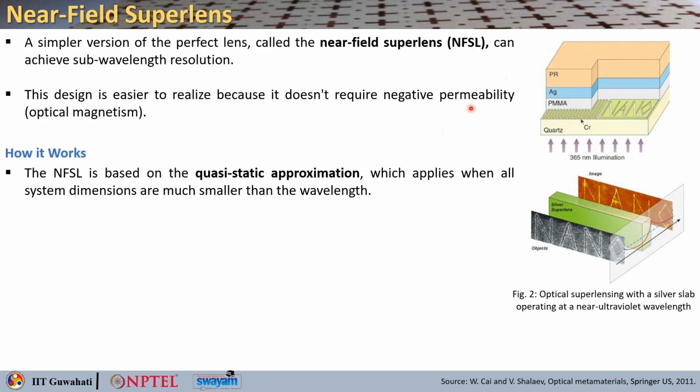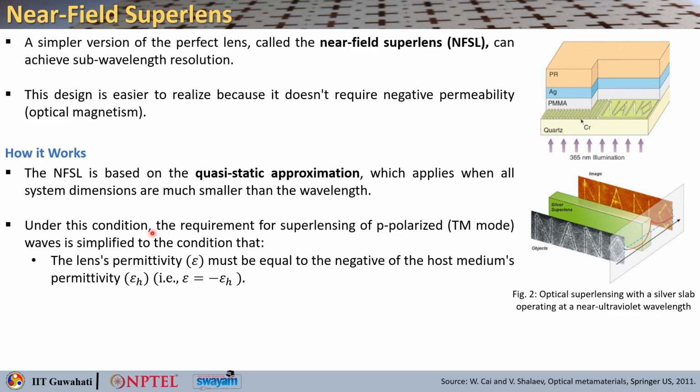So, how does it work? This near field super lens is based on the quasi-static approximation, which applies when all the system dimensions are subwavelength, or smaller than the wavelength of the light involved.